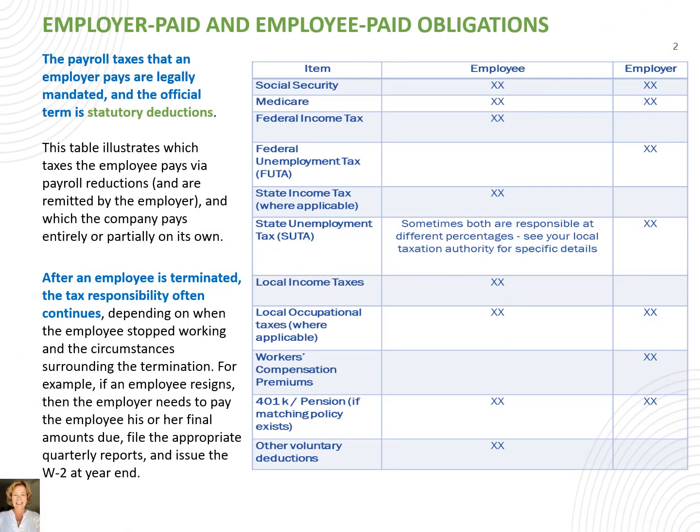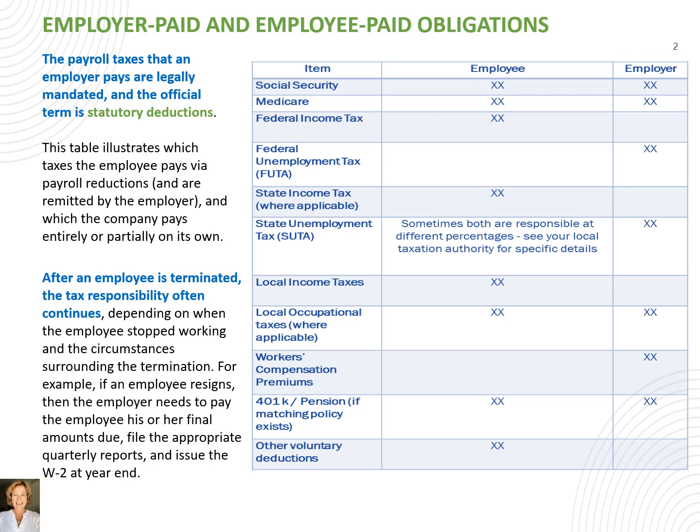Let's look more closely at employer-paid and employee-paid obligations and who is responsible for what portion. The employer-paid payroll taxes are legally mandated or statutory deductions. The table here shows you who pays what deduction. In some instances, both the employer and the employee pay.